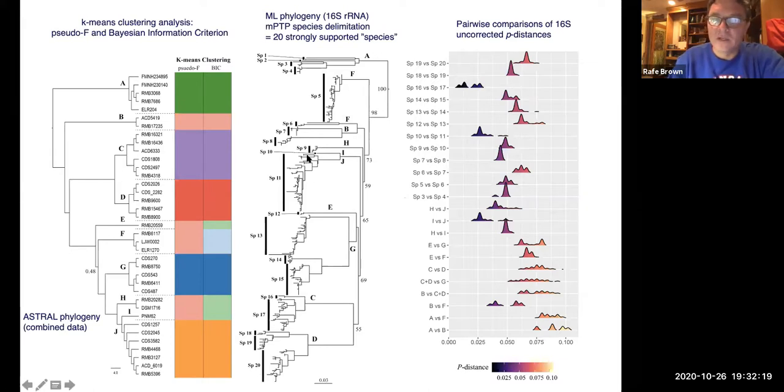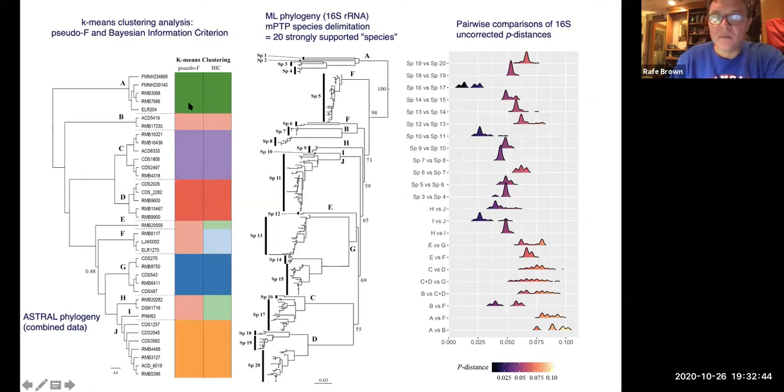And so that was, again, not a result I was expecting, but we really espouse this 2-stage discovery stage and then validation stage, 2-step process of species delimitation. So we wanted to really take all the tools that we had here. And here's the results of k-means clustering analysis. And this is our ASTRAL species tree, summary tree phylogeny across just the Philippine populations.